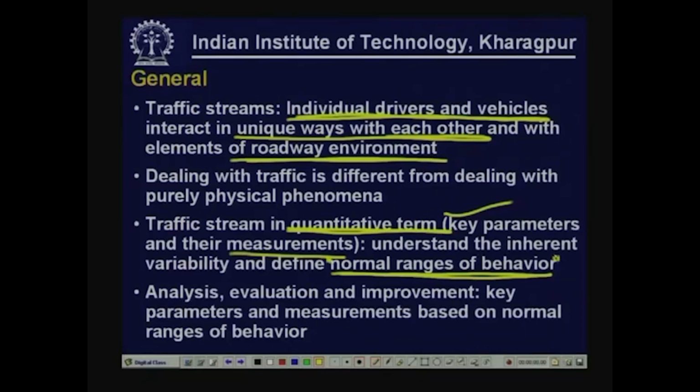Just now I indicated that dealing with traffic is different from dealing with purely physical phenomena, because drivers do not behave exactly in the same manner. But still, when we try to define traffic stream in terms of quantitative measures, key parameters and their measurements, we essentially try to see the change, as appropriate, in the normal ranges of behavior.